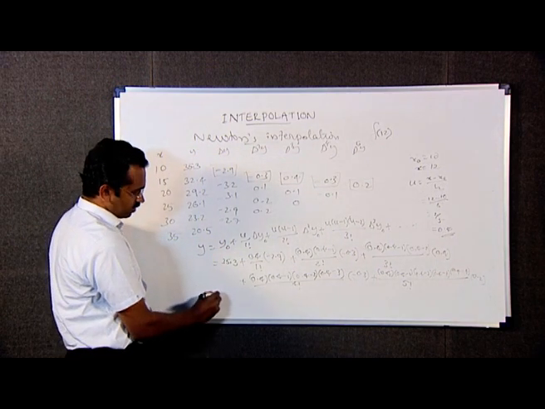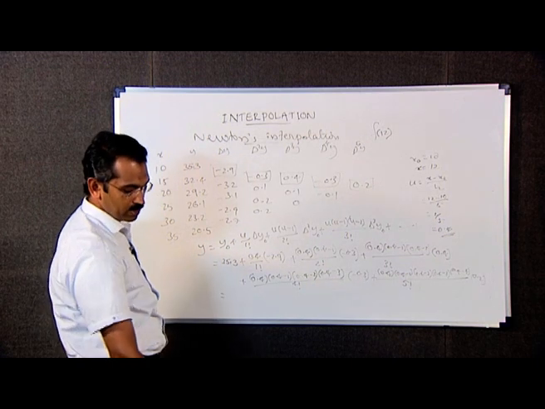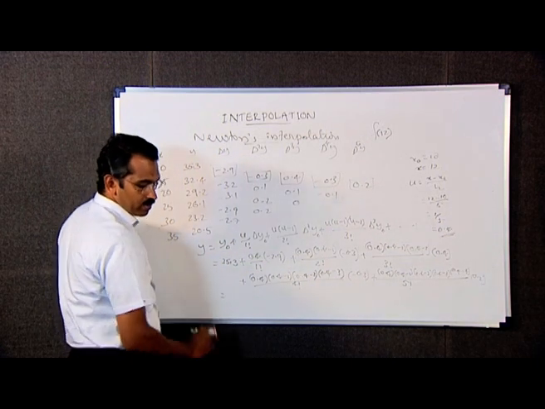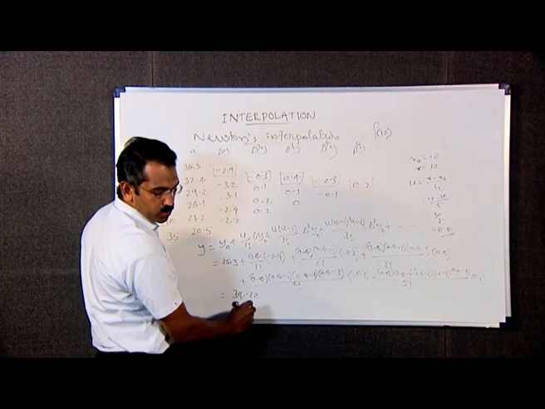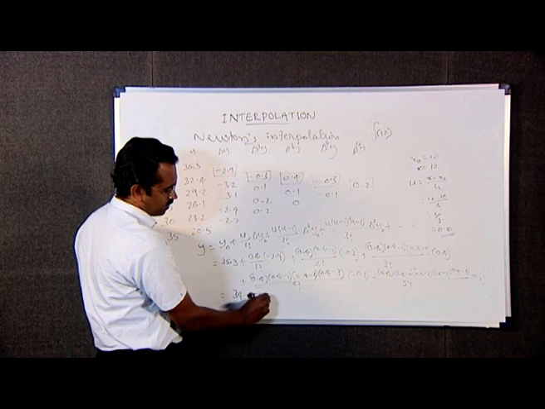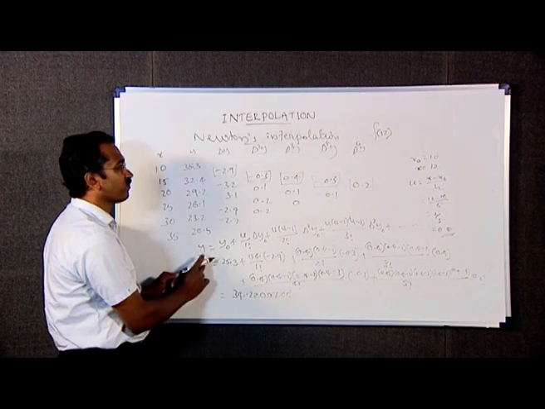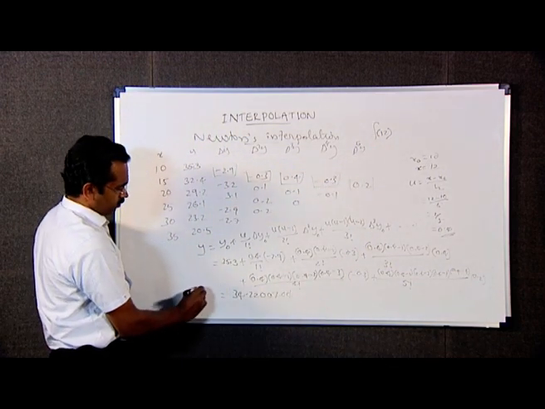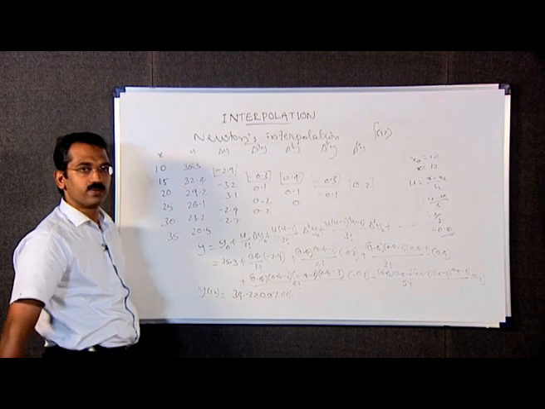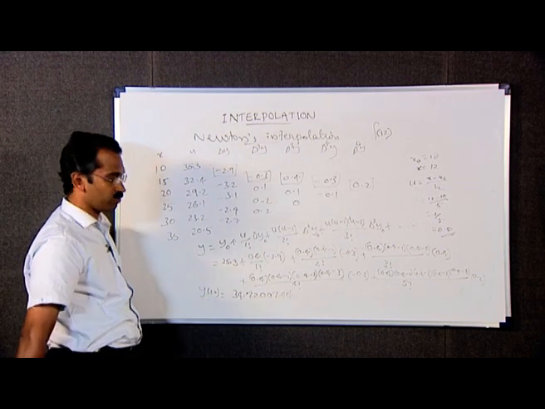On simplification, we will get the value of y as 34.2200704. This is the value of y at 12. Y of 12 means f of 12, which is equal to 34.2200704.